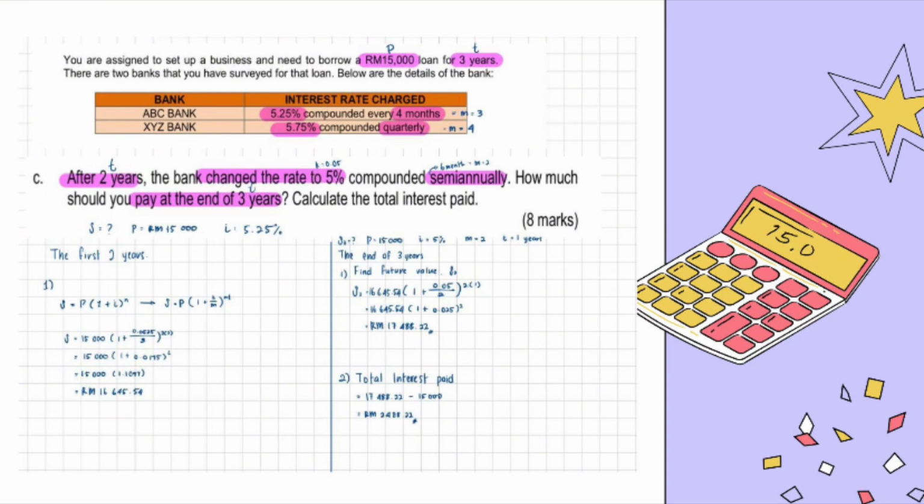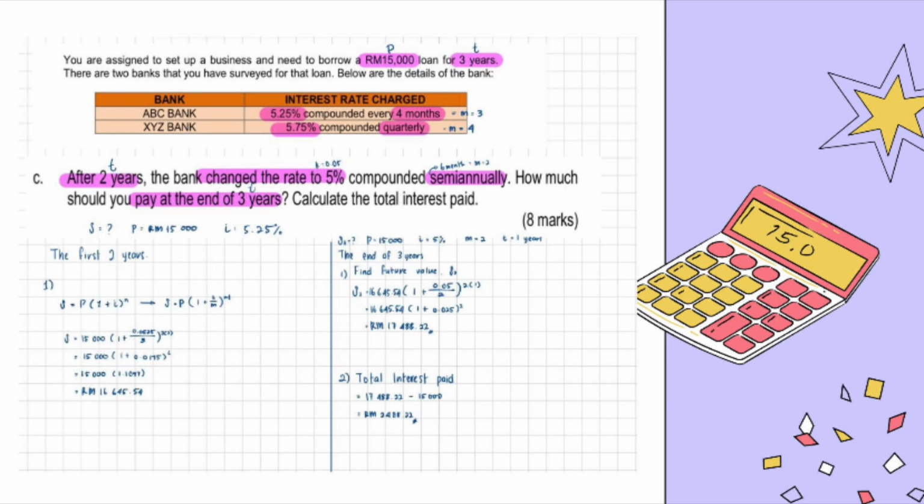Next, the end of the 3 years. S equals 16,645 ringgit 44 cents, open bracket 1 plus 0.05 per 2, close bracket, power of 2 times 1. So the answer will be RM 17,488 ringgit 22 cents.